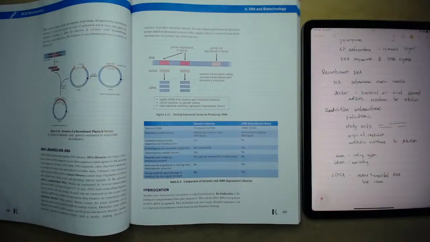Well, as cDNA, I guess you would have recombinant proteins because it's a library of expression. Finally, can be used for gene therapy or constructing transgenic animals. Expression libraries can, genomic libraries can't.